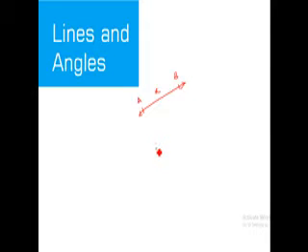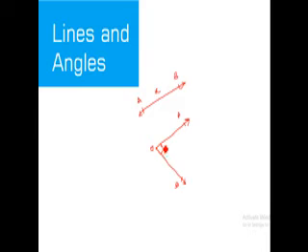Now, if I consider a ray like this, and with the same point we draw another ray, and name them A, this is O, and this is B. Now you can observe these two rays with the same vertex can make an angle.